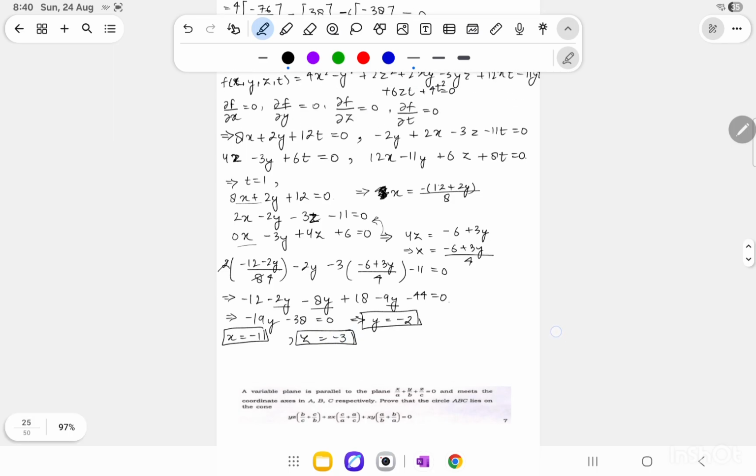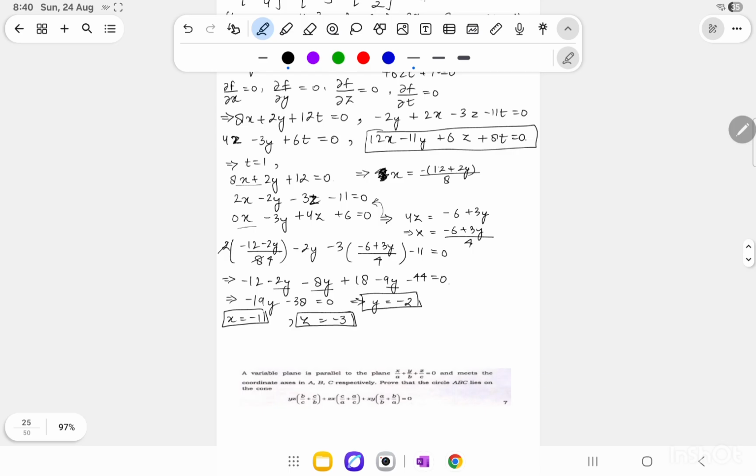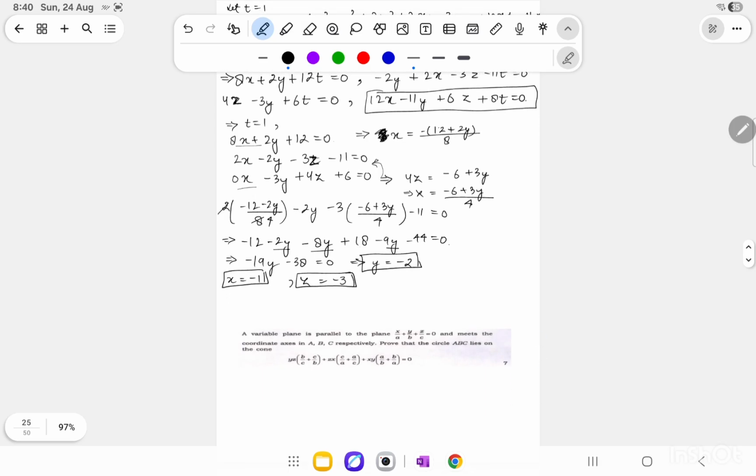Now we need to check if these values of x, y and z satisfy the fourth equation as well. If it satisfies, then the x, y, z coordinates represent the vertex of the given cone. So we substitute: 12 into −1 − 11 into −2 + 6 into −3 + 8 times t, which is 1. This equals −12 + 22 − 18 + 8.